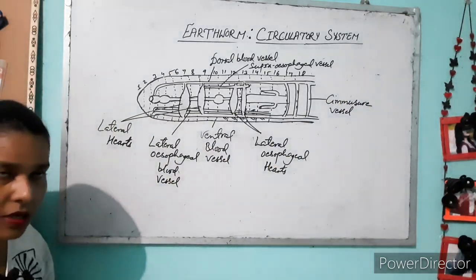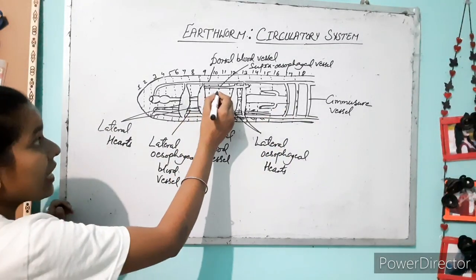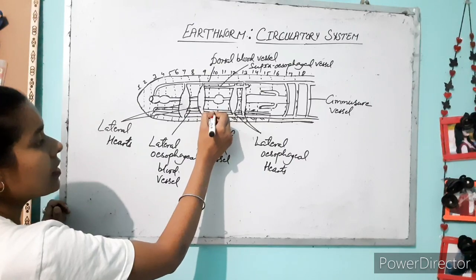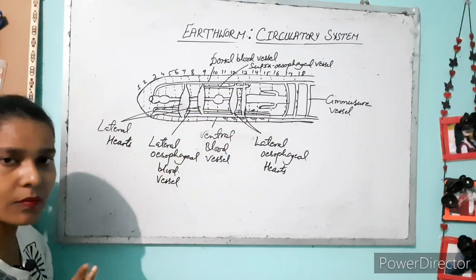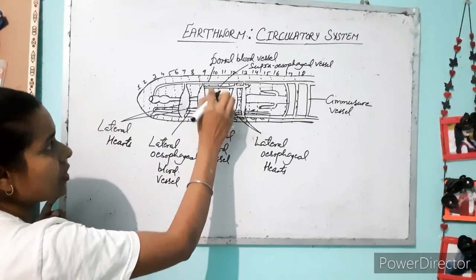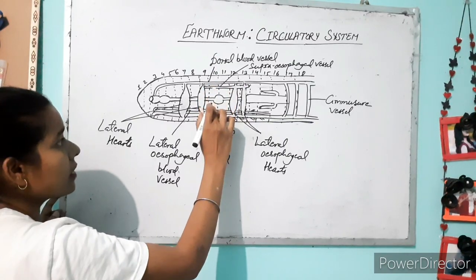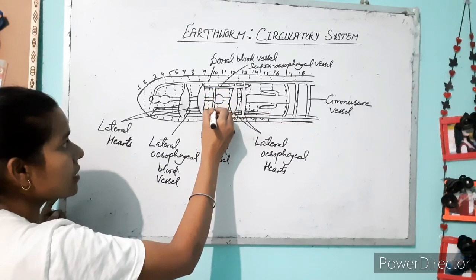This is the commissure tubes, and only the supraesophageal and the lateral esophageal blood vessels are attached with each other with a tube.